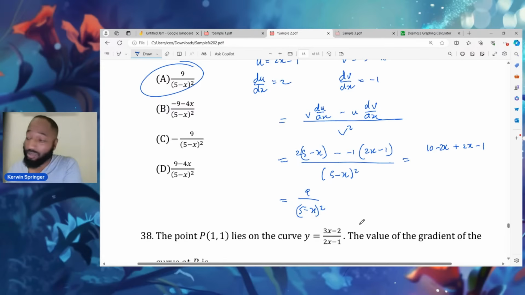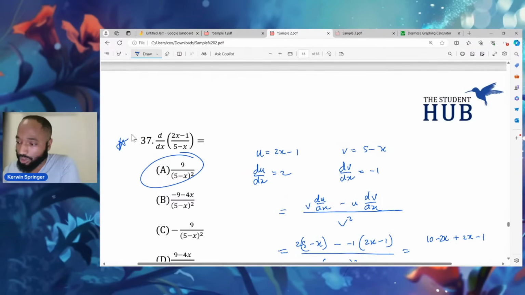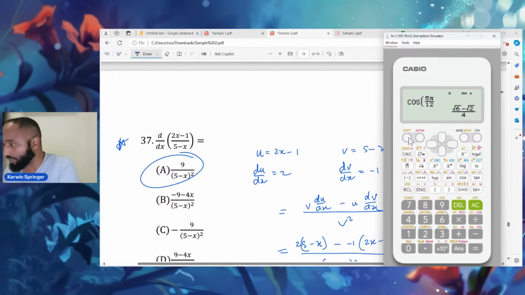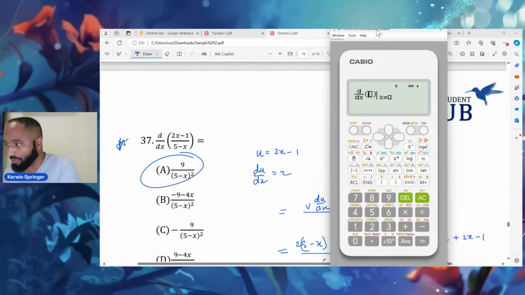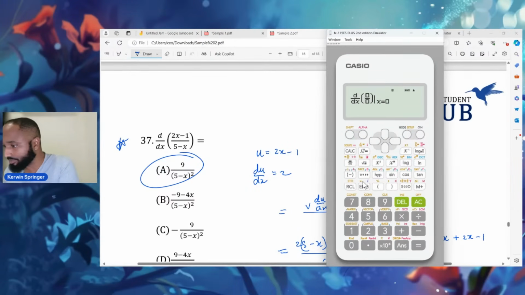So watch the signs when you're doing this question. And if you could, come back and double check it using the method that I show you, where you put shift, differentiate, and you put in the whole thing. And you just substitute a value for x now, minus 1 and then 5 minus x.